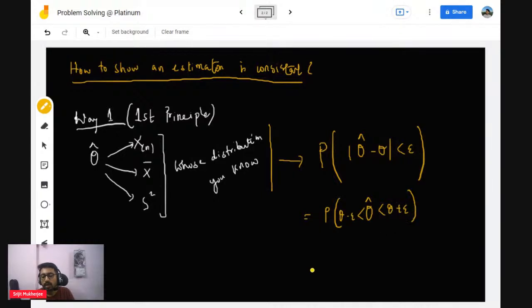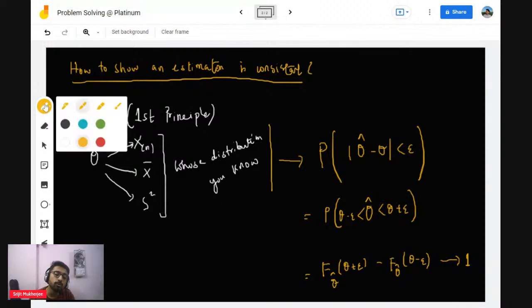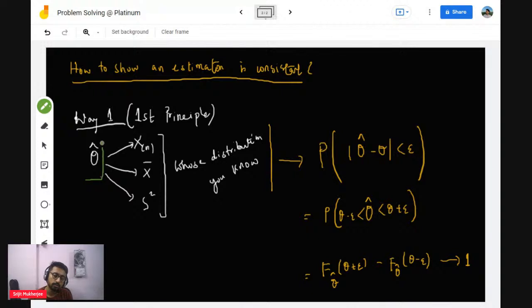Now you can find out the distribution of theta hat, the probability of this. And then this is a function of n, right? Now you show that it goes to 1, or you can just take greater than epsilon and it goes to 0. It's 1 minus this only, right? So if you know the distribution of theta hat, this is one way of doing this.